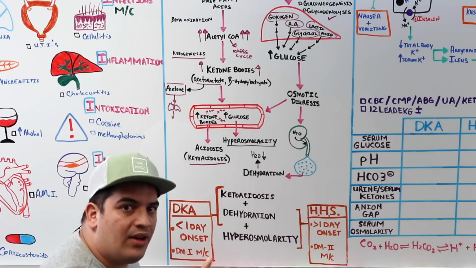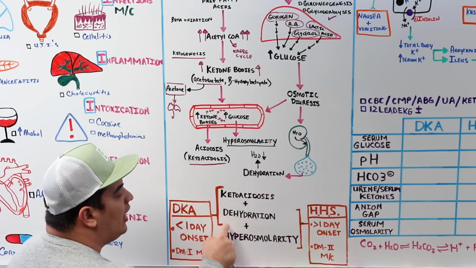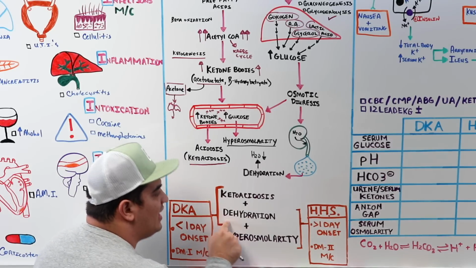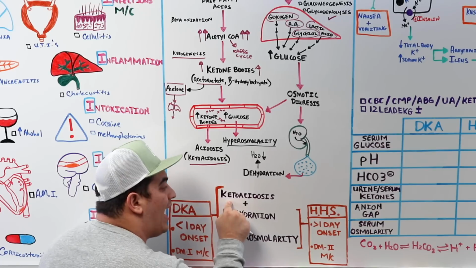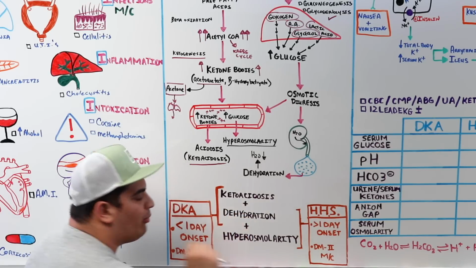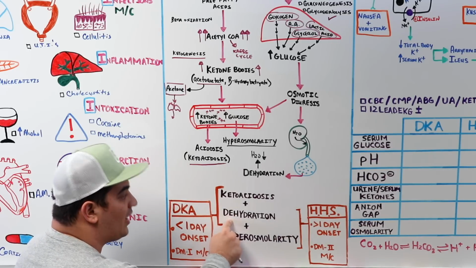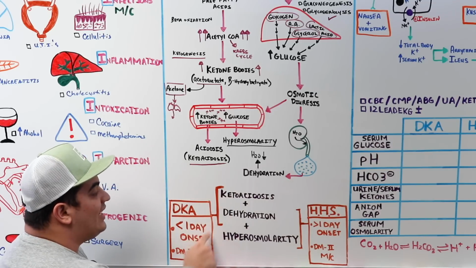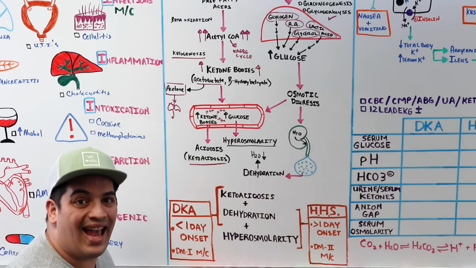But more particularly for your exams, DKA is more particularly seen with symptoms that are responsible from ketoacidosis and dehydration and variable hyperosmolarity. But for exams, remember these two. The next thing is DKA occurs more acutely, usually with an onset less than a day.